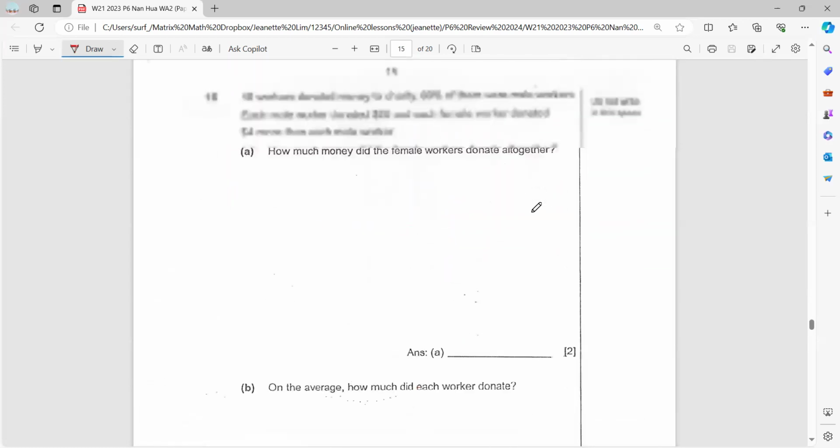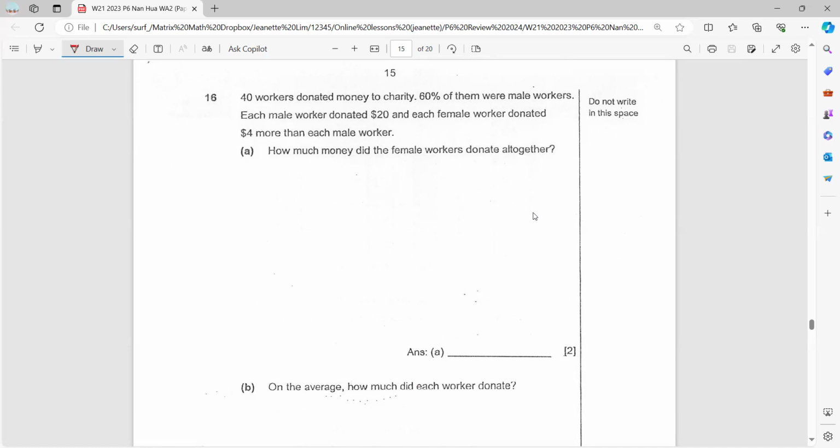Question 16. 40 workers donated money to charity. 60% of them were male workers. Each male worker donated $20 and each female worker donated $4 more than each male worker. How much money did the female workers donate altogether? Okay, so first, the number of males, how many of them are there?